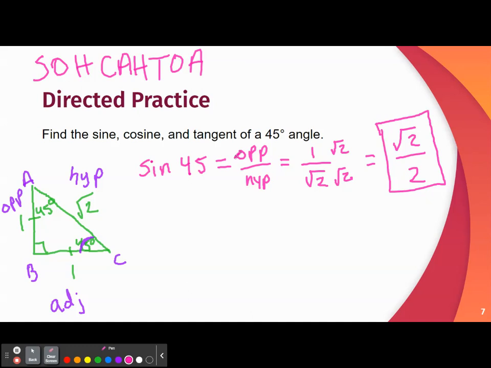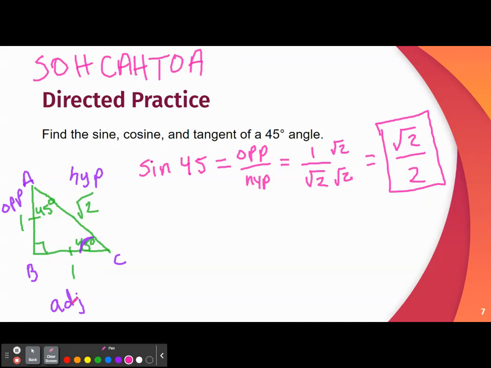We don't do radians. You won't deal with radians unless you take pre-cal or calculus. So I don't even have to write the formula out, I can just do that. Right. 0.707. As long as you're in degrees, that's what sine of 45 degrees is.